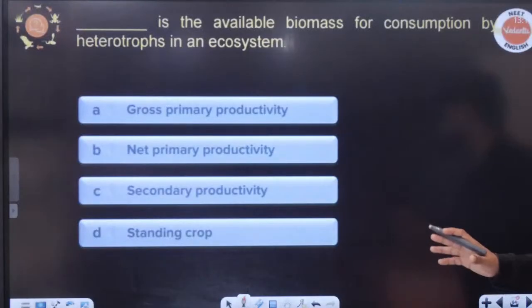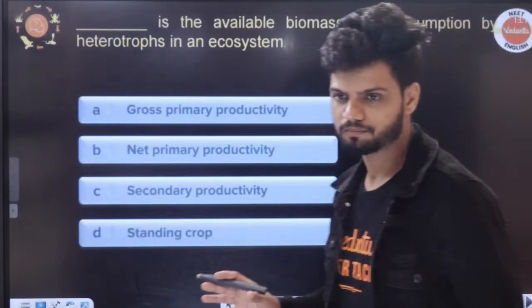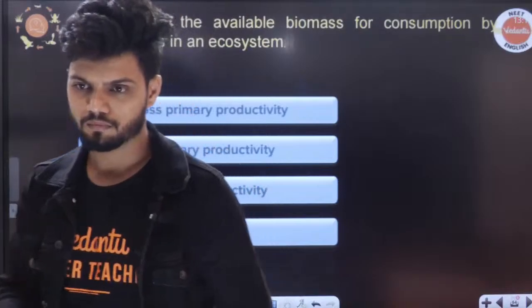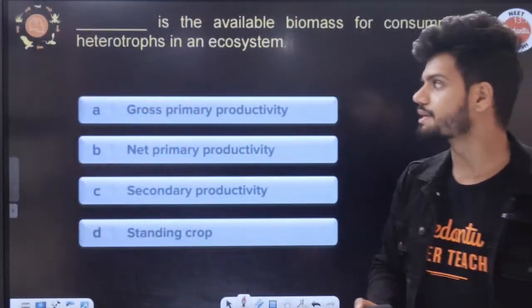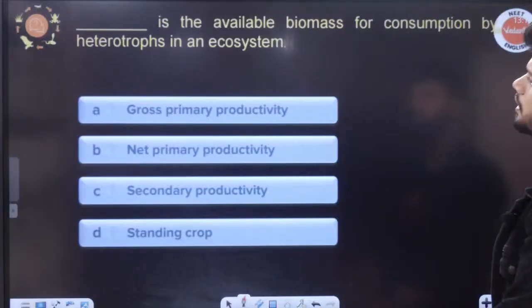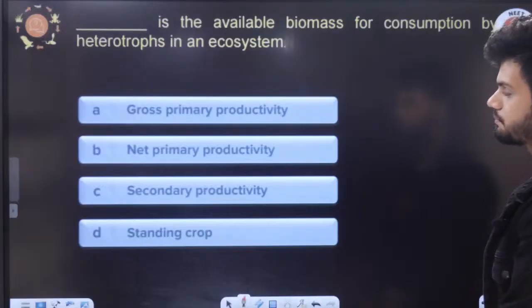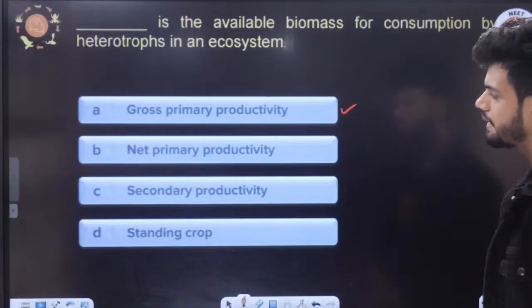Read this question on the board right now. The question says that dash is the available biomass for consumption by heterotrophs in an ecosystem. What do the heterotrophs get in the ecosystem? Do they get gross? Do they get net?